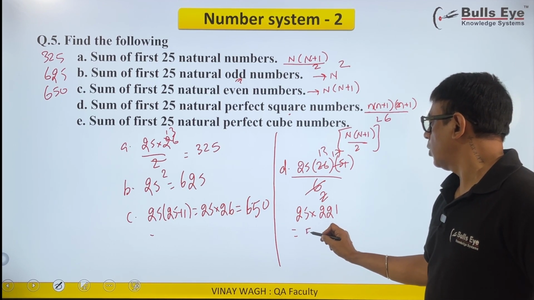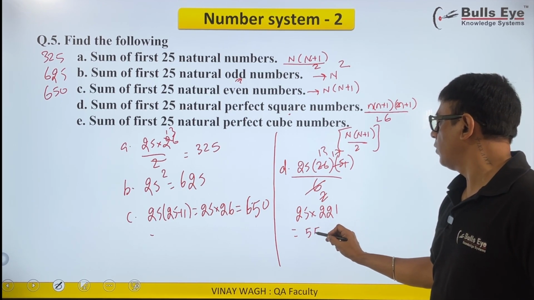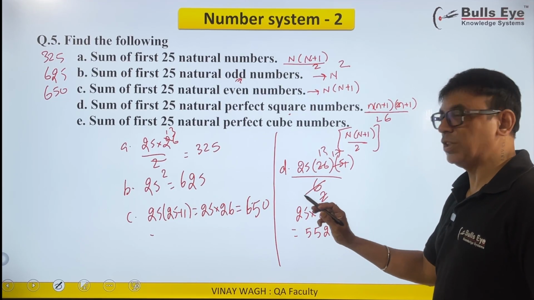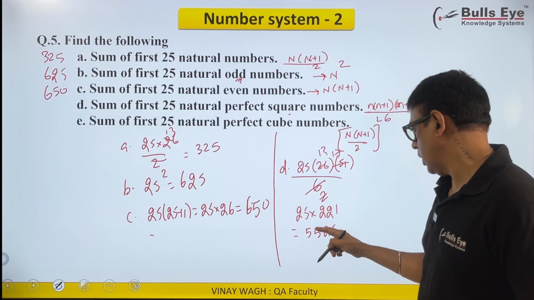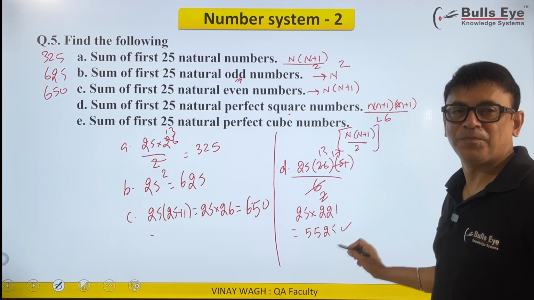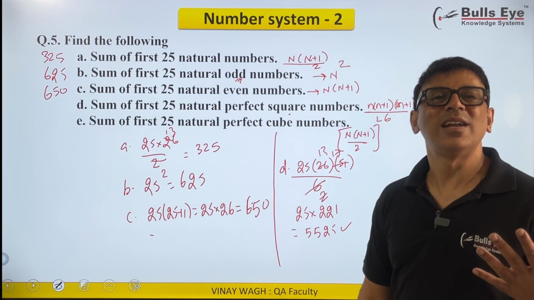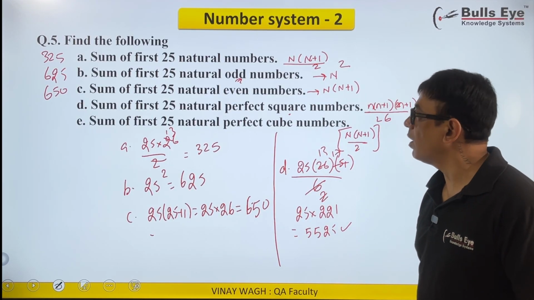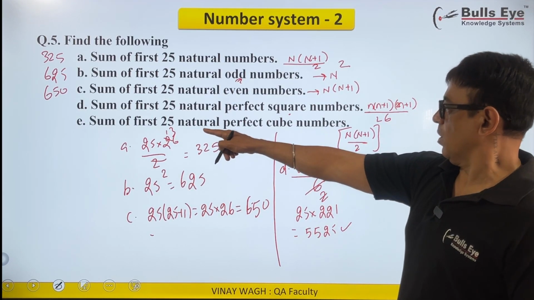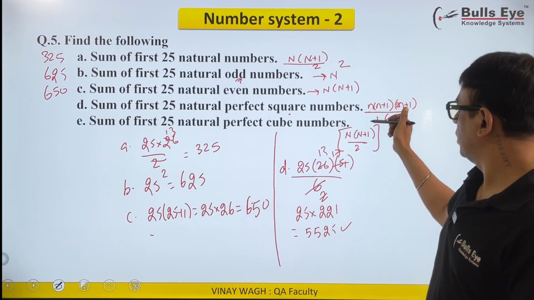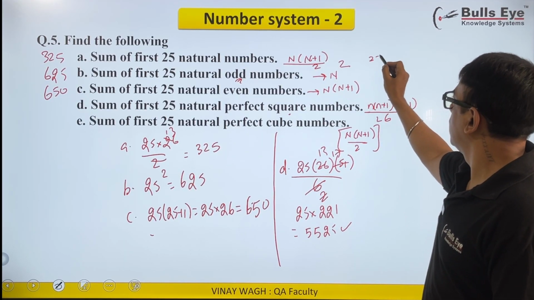I'm just checking it. 25 ones are 25, 2 carry 50, 52, 5 carry 25 to the 55. So initially I simply divided it by 4 and then shifted the decimal 2 places. So 5525.